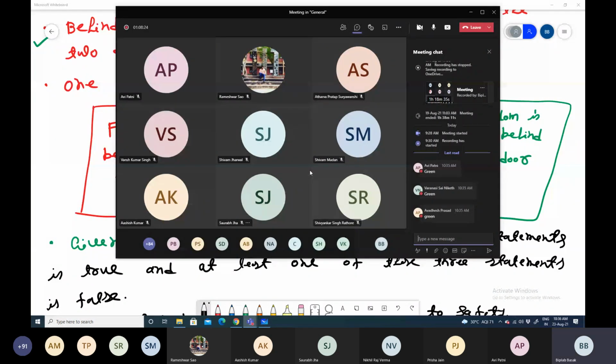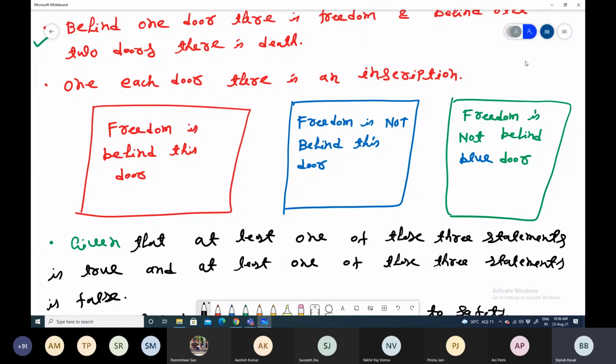So those who have given the answer, can you give a proof by using truth table? So if we ask that, okay, you prove this by using truth table, can you prove that? Yes, just write yes if it is yes.